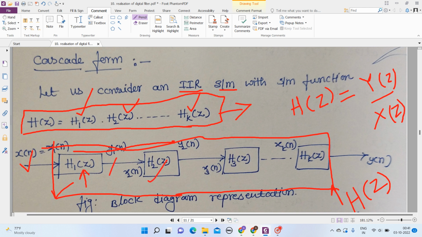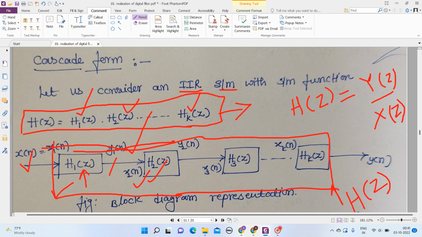The output of H1(z), that is y1(n), I am going to give as input to the second transfer function H2(z). Similarly, the output of H2(z), that is y2(n), enters as input to the H3(z) transfer function.